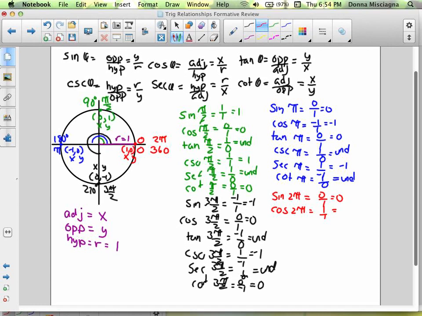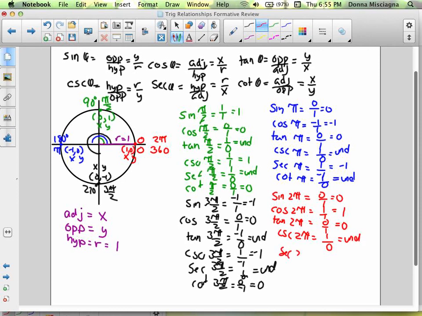And the point is in the same color as the trig ratios. So everything for that location is the same color. And that's just 1. Tangent 2 pi is y over x, so that's 0 over 1, that's 0.